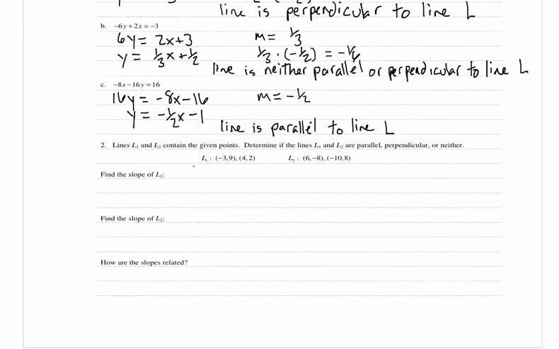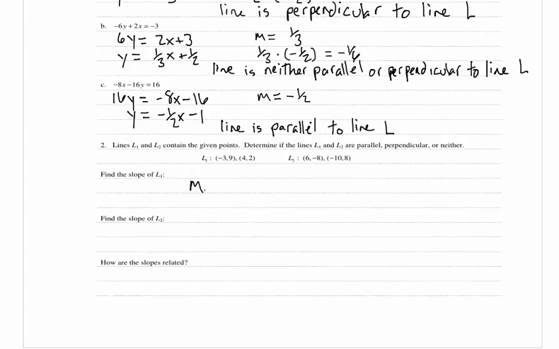In 2, it says, lines L1 and L2 contain the given points. Determine if the lines L1 and L2 are parallel, perpendicular, or neither. So the first thing we're going to do is find the slope of line L1.